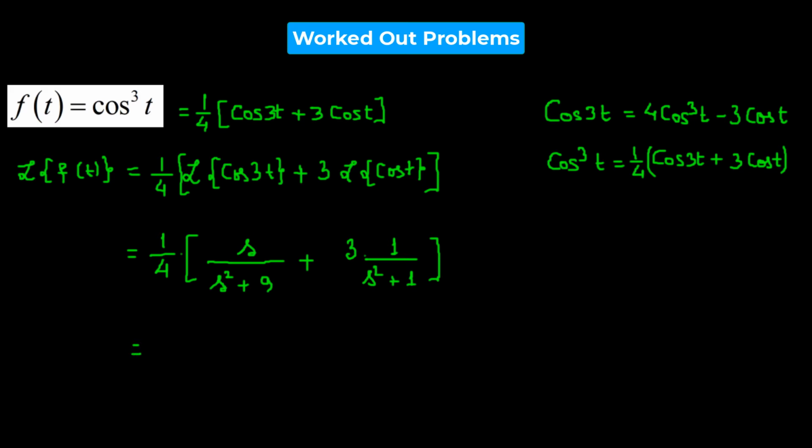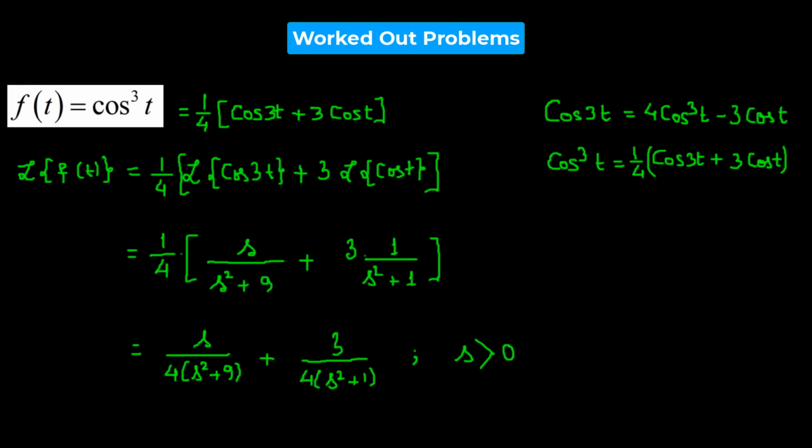That gives us s over 4 times (s squared plus 9) plus 3s divided by 4 times (s squared plus 1). So this is the Laplace transform of our function cosine cubed t, and it's valid for all values of s greater than 0.